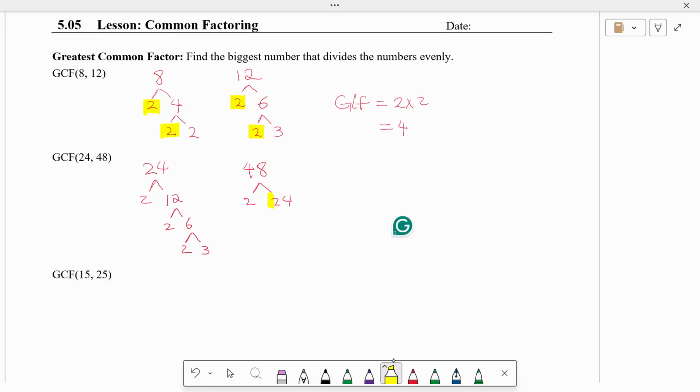It would be 24. So both numbers, 24 and 48, can be divided by 24. So that is the greatest common factor. Does that make sense? All right, so the GCF for this one would be 24.